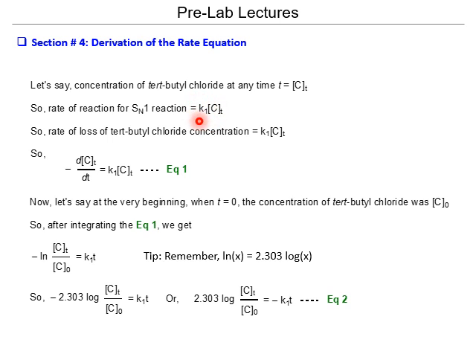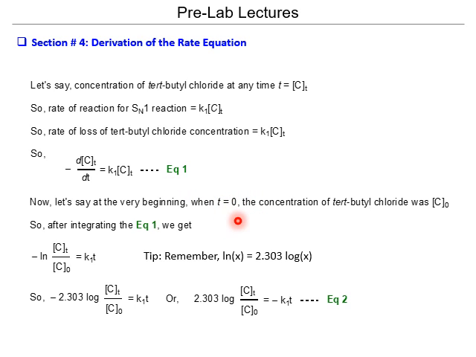K1 is the rate constant. The rate of loss of tertiary butyl chloride concentration is K1 Ct at any time t. So minus dCt over dt equals K1 Ct. It's your equation 1.